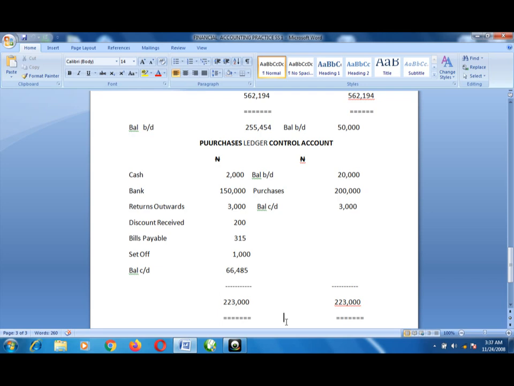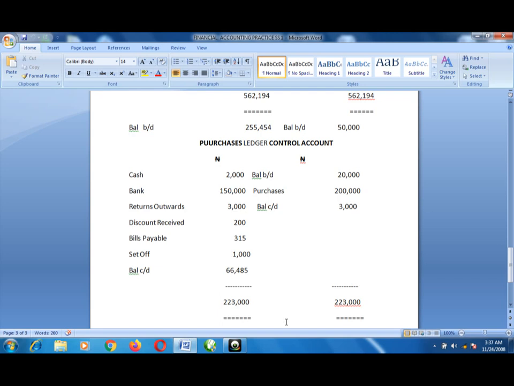Remember, if you are given only the DR, which is 3,000, and you transfer it to the credit side, therefore you are not given the balance carried down on the debit side of this particular account. You need to take your calculator and find the difference between both sides.